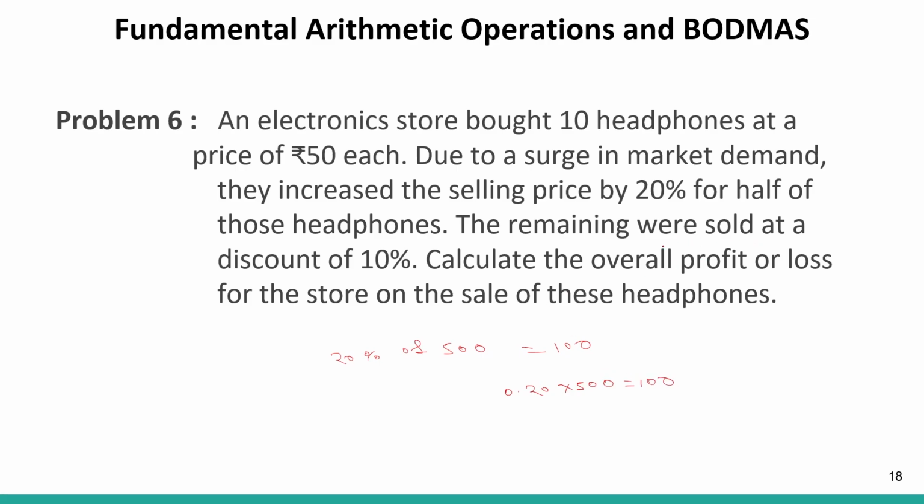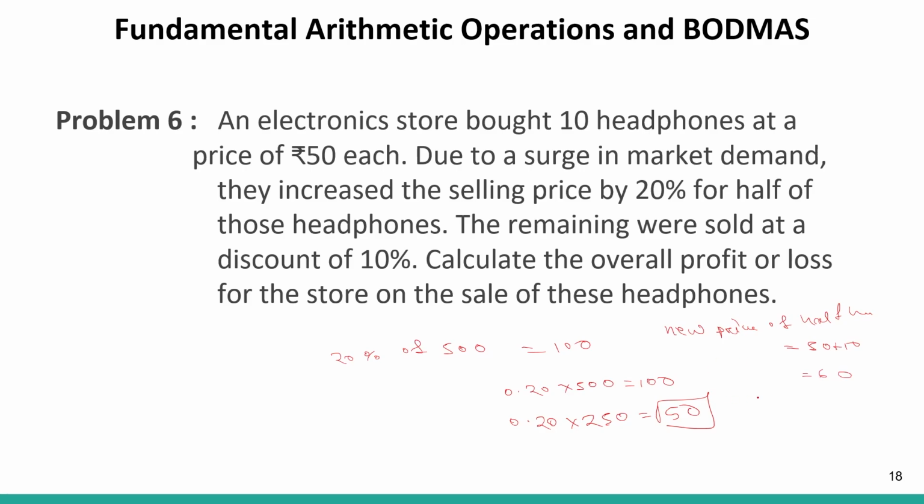Due to a surge in the market, they increased the selling price by 20% for half. So for half it will be 0.20 into 250, that is equal to 50. The remaining were sold at a discount of 10%. So the new price of half the headphones is 50 plus 10, because for 5 headphones if it is 50, then for 1 it is 10, so it will be 60.